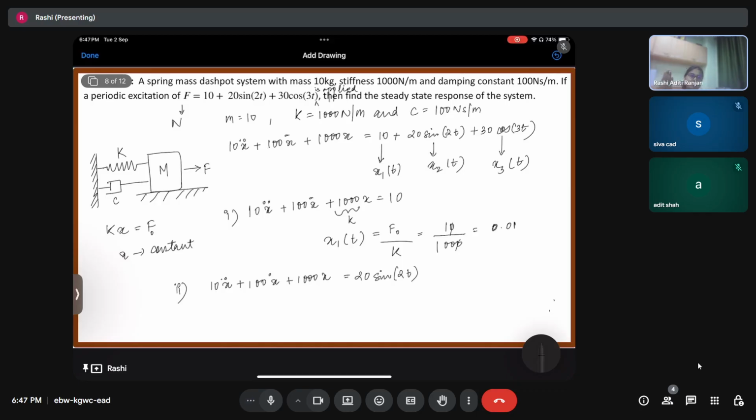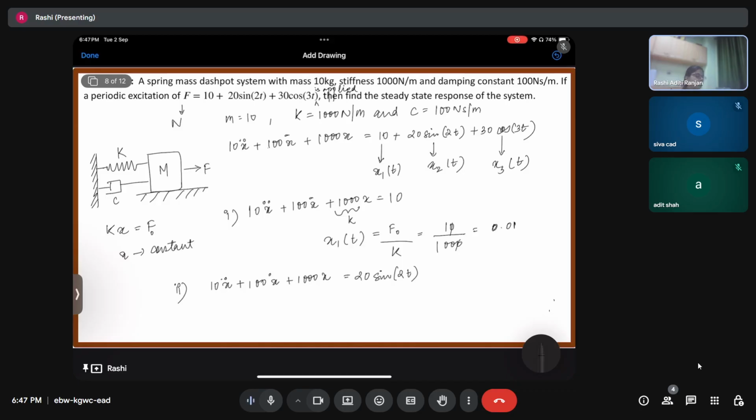The transient response fades with time because of the damping present in the system. So we are not concerned about the complementary function. We only care about the particular integral for this second order ordinary differential equation to be precise.